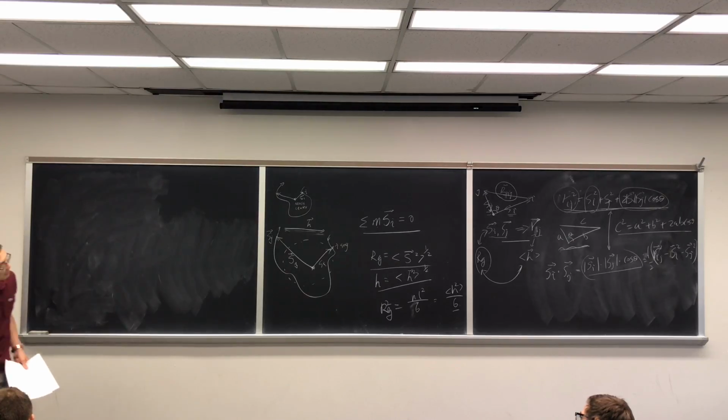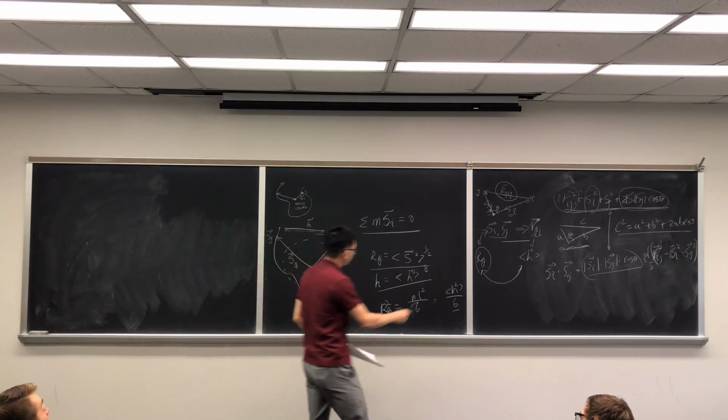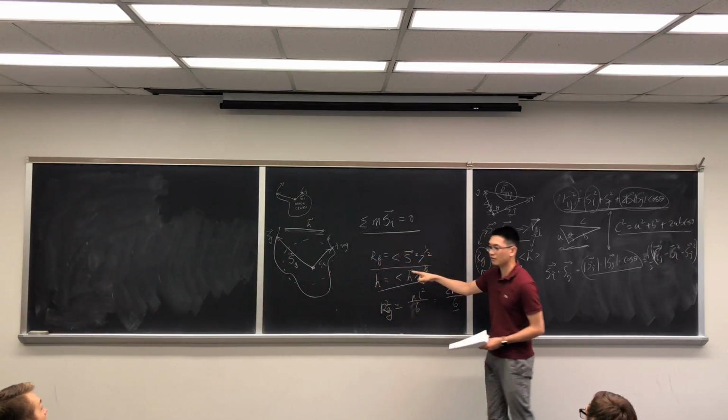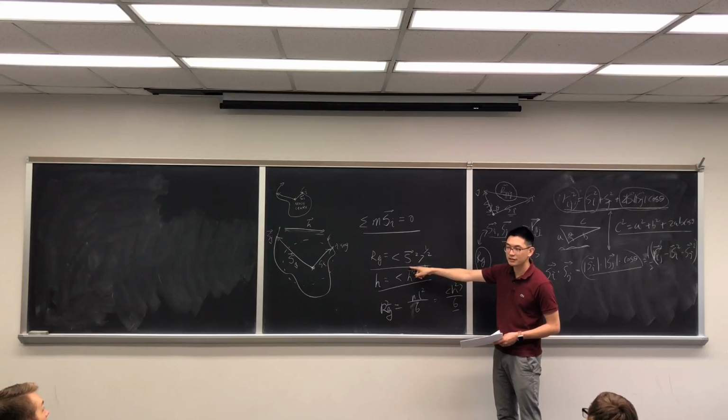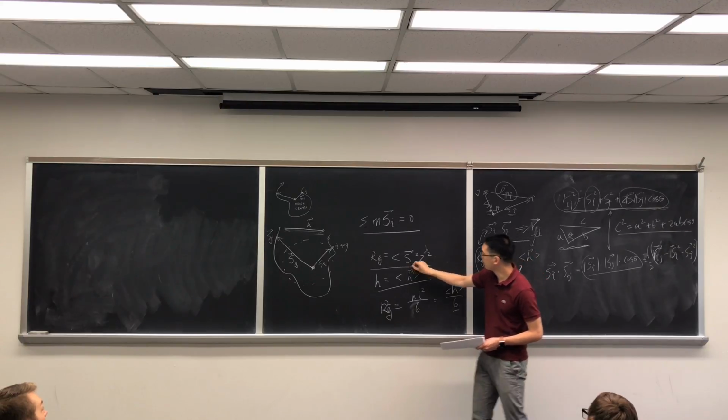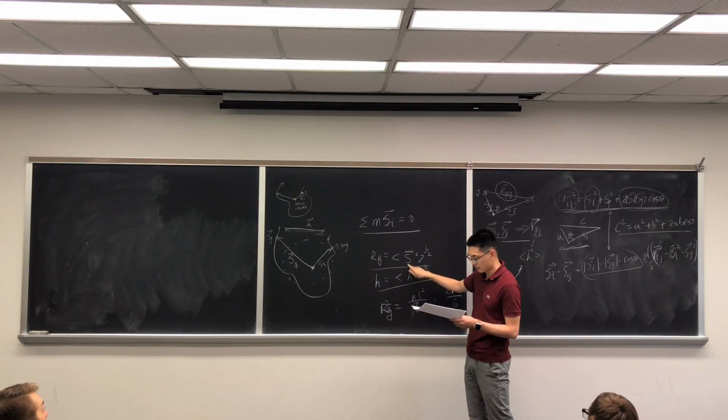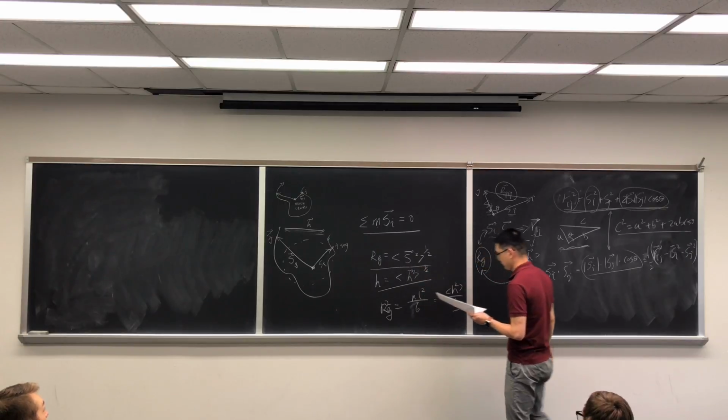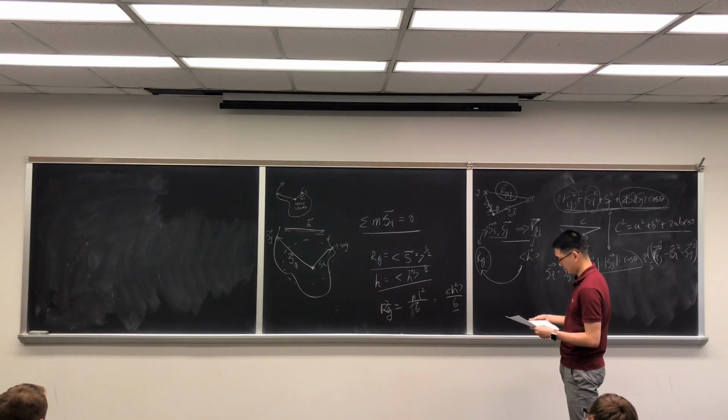And by the way, we also need to define this thing. This is the definition of RG, or radius of gyration, equals s squared, right? And divide by a half.